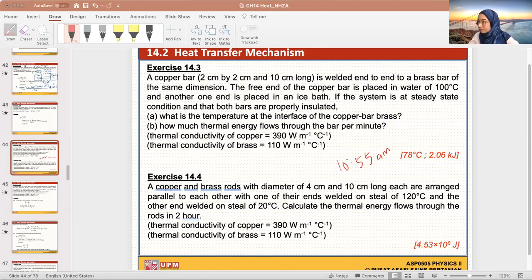Alright. The formula to use is Q equals to KA, bracket TH minus TCOLD. But here I'm asking for the temperature at the interface.